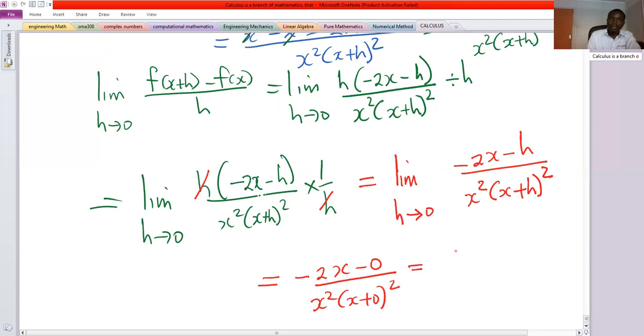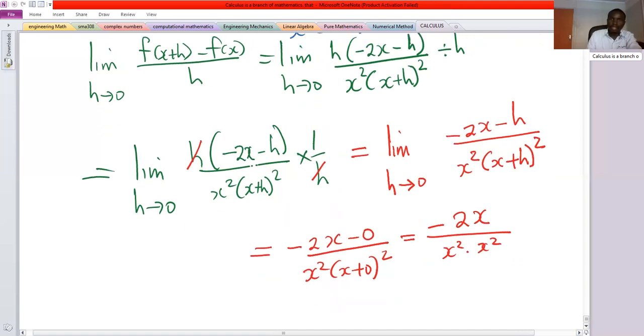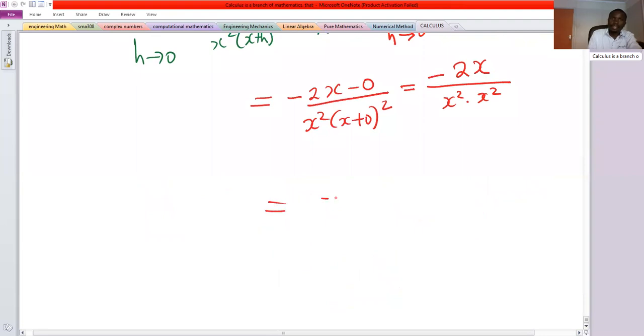So this will be minus 2x, and then x squared times x squared, because 0 plus x is just x, and then when you square it is x squared. So that will give us minus 2x over x power 4, which simplifies to minus 2 over x power 3.